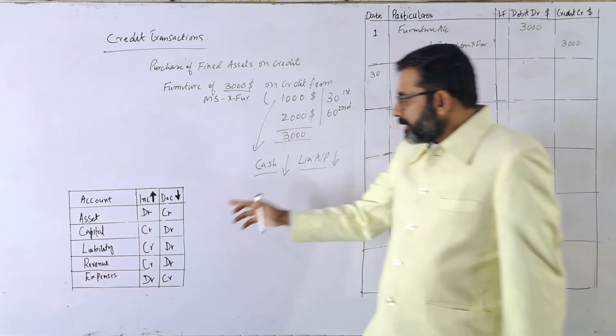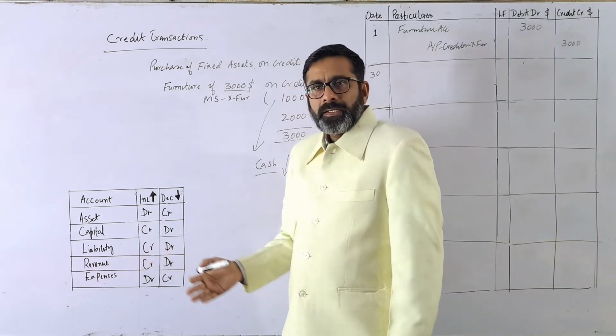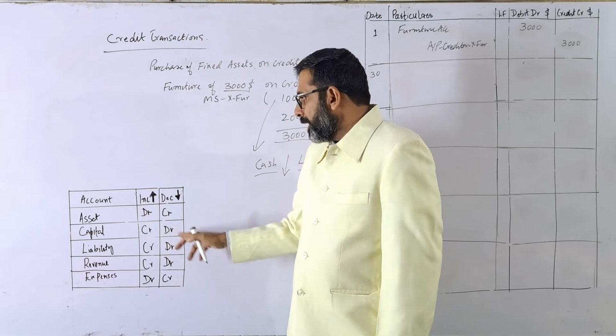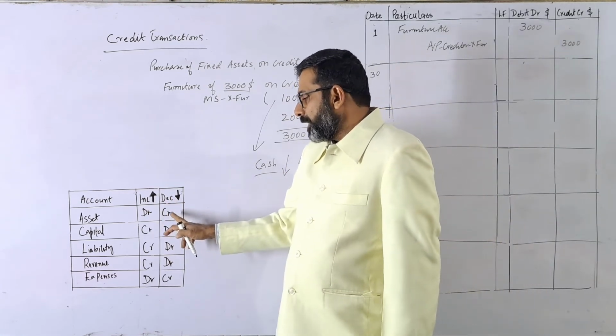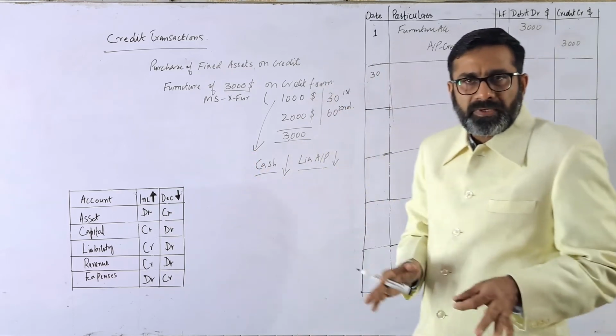If the liability is decreasing, it is a debit. And cash is obviously an asset, and if it is decreasing, that will be a credit. So we have one debit and one credit.